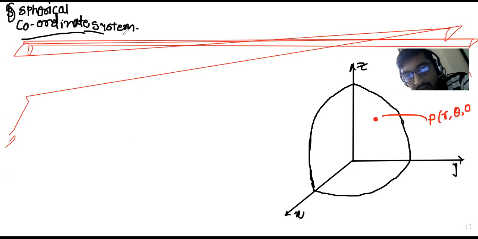Roll number 40. Roll number 40 is there.